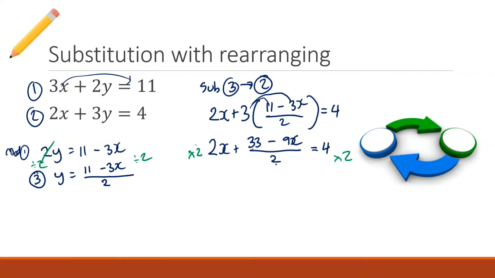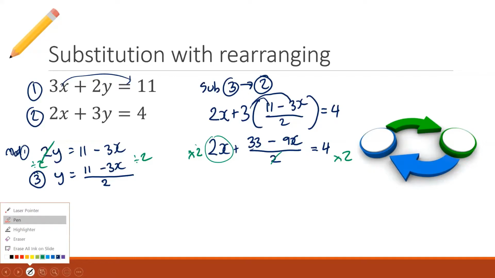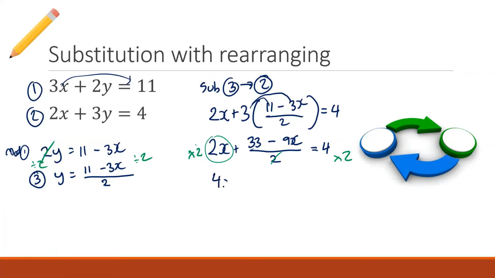Now that's going to cancel this, but I need to be careful because I still need to multiply this one by 2. Because remember, when I'm canceling by multiplying by 2, it would normally cancel everything. But because I've got 2x plus this, I need to be careful. So that's going to give me 4x plus 33 minus 9x equals 8.